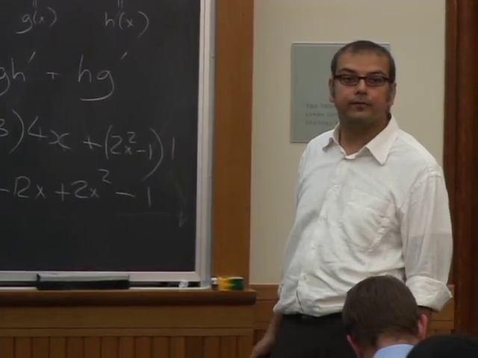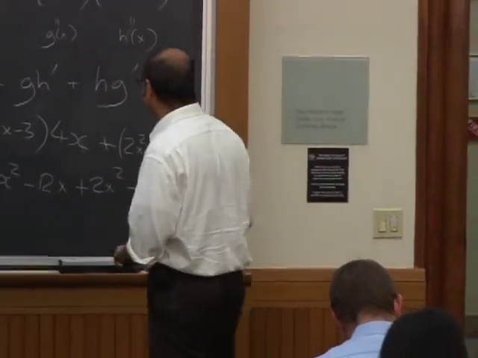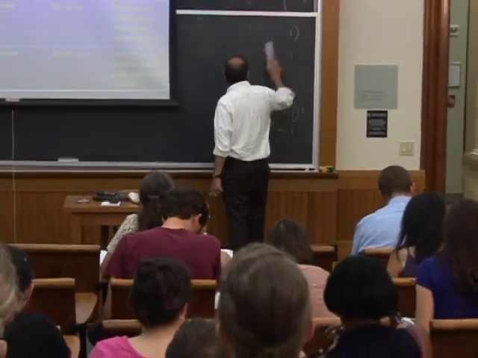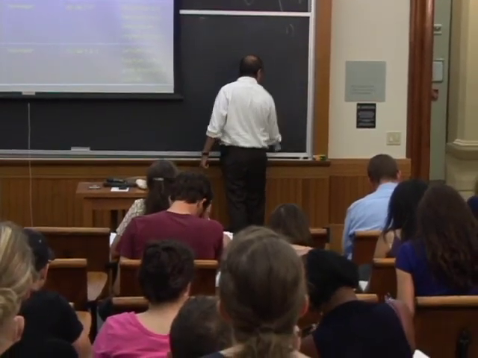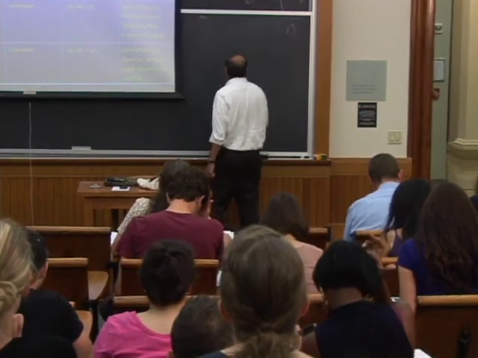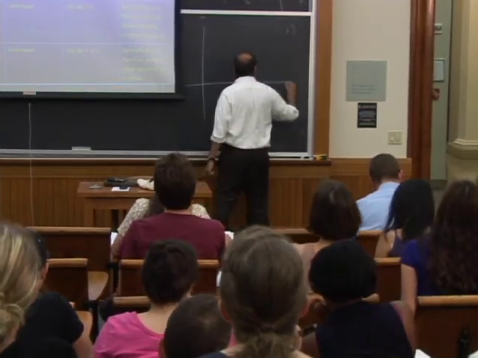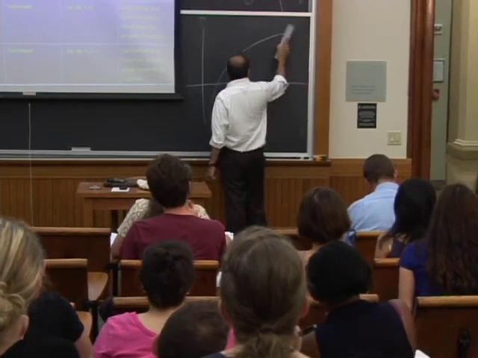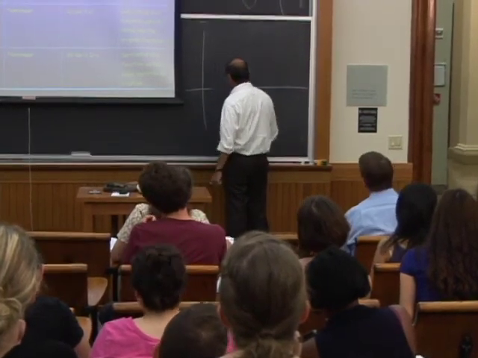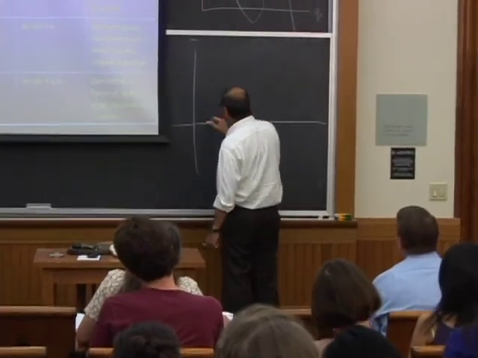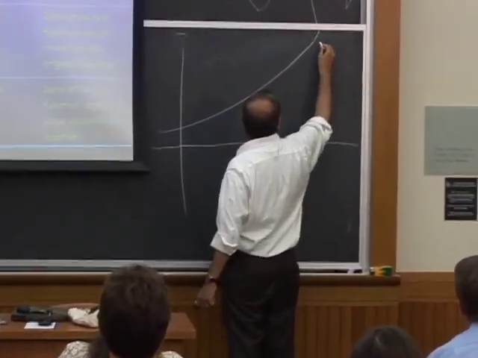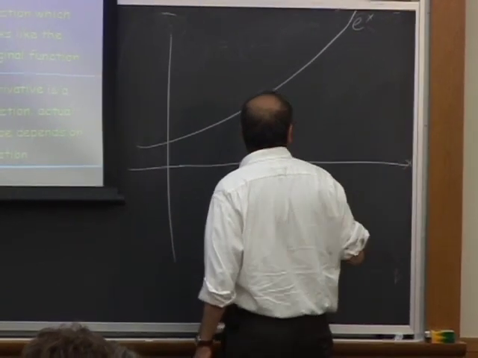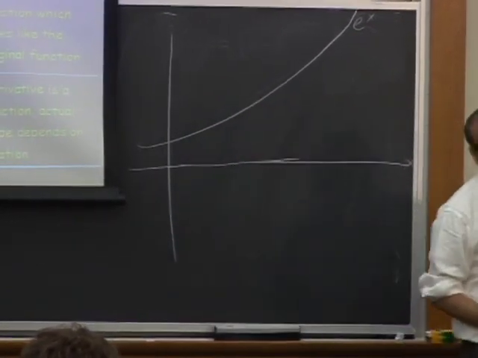Sorry? Could you give us an example of where we define that? Well, it's a very useful way of showing exponential growth. Sorry, this is the inverse of that function. Okay, so it has biological applications.